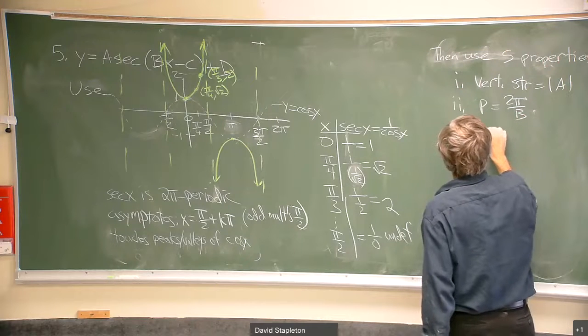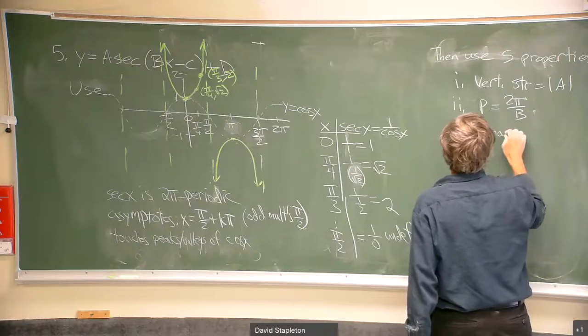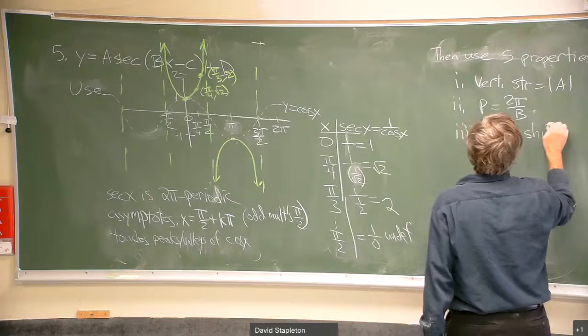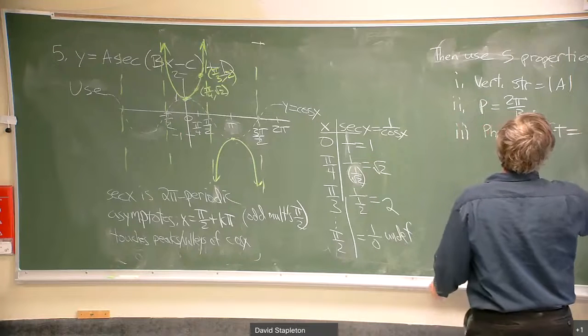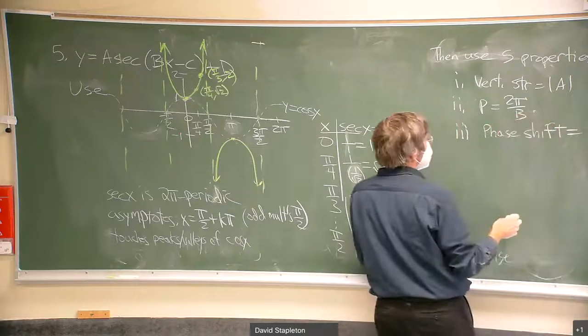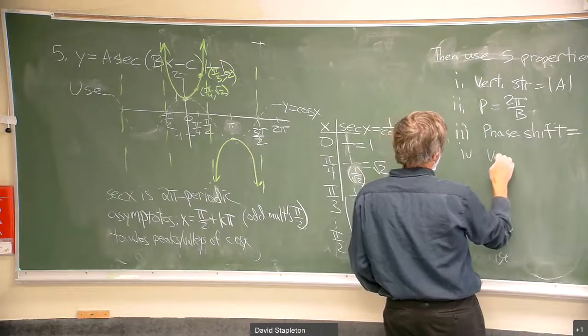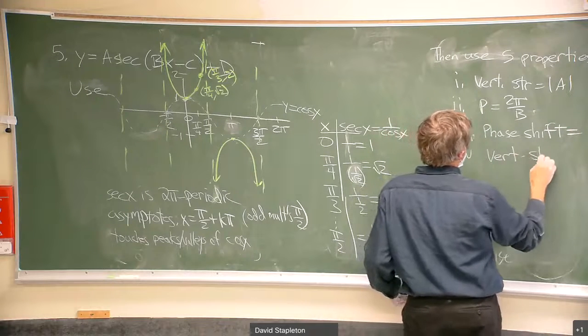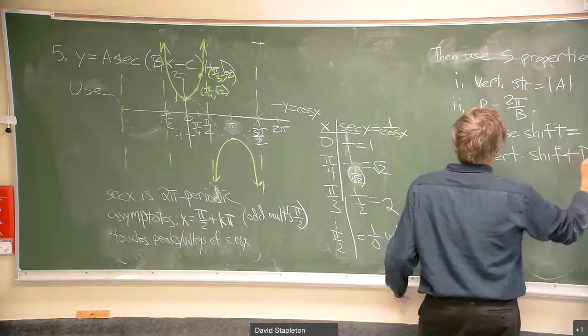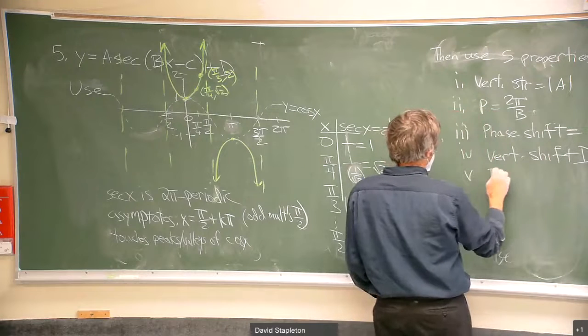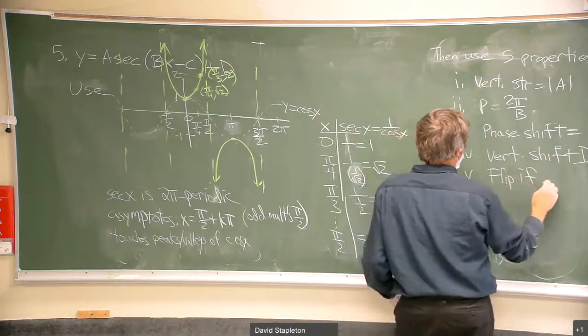The phase shift is still C over B. You do everything the same as you did for sine and cosine. After all, it's just a reciprocal. And then the vertical shift is D. And you flip upside down if A is negative.